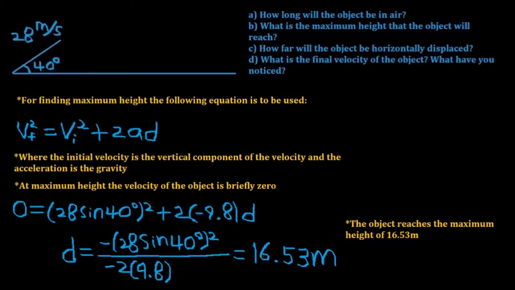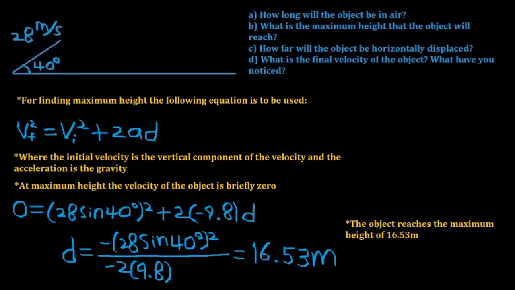At maximum height, the velocity of the object briefly reaches 0, so the final velocity equals 0, and the initial velocity is 28 sine 40 degrees.